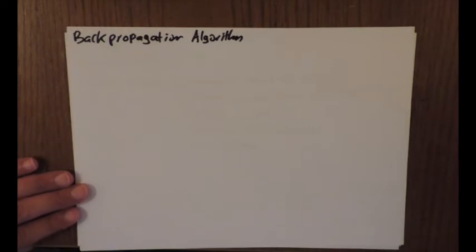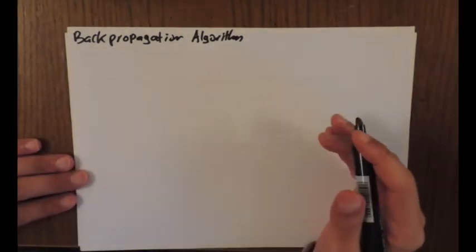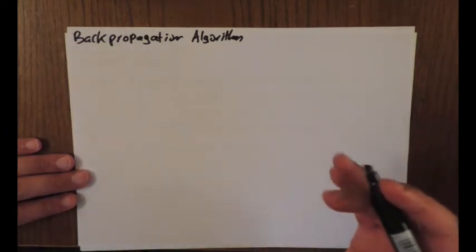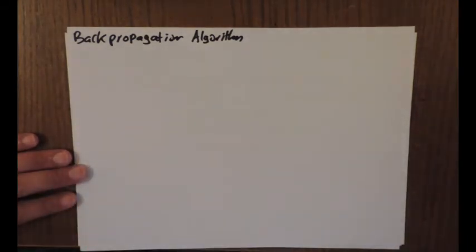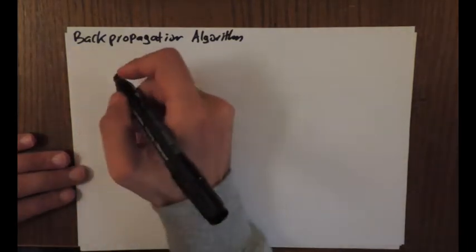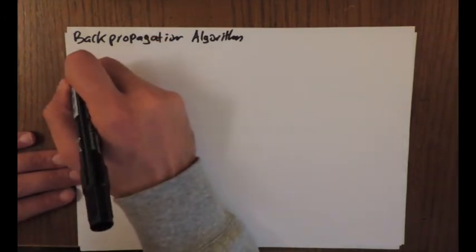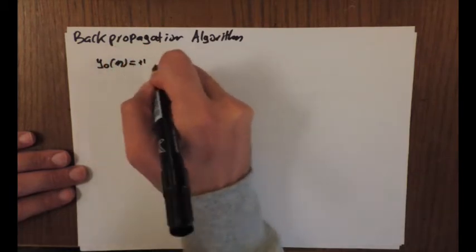So now we're going to start with the backpropagation algorithm. Let's draw the schematic of a single output neuron connected to a hidden layer or any of the output layers. It doesn't matter where we are in the network. Well, it matters when we calculate the gradient, but the basic functionality is the same. Let's say we have a bias here, y of 0 of n equal plus 1.